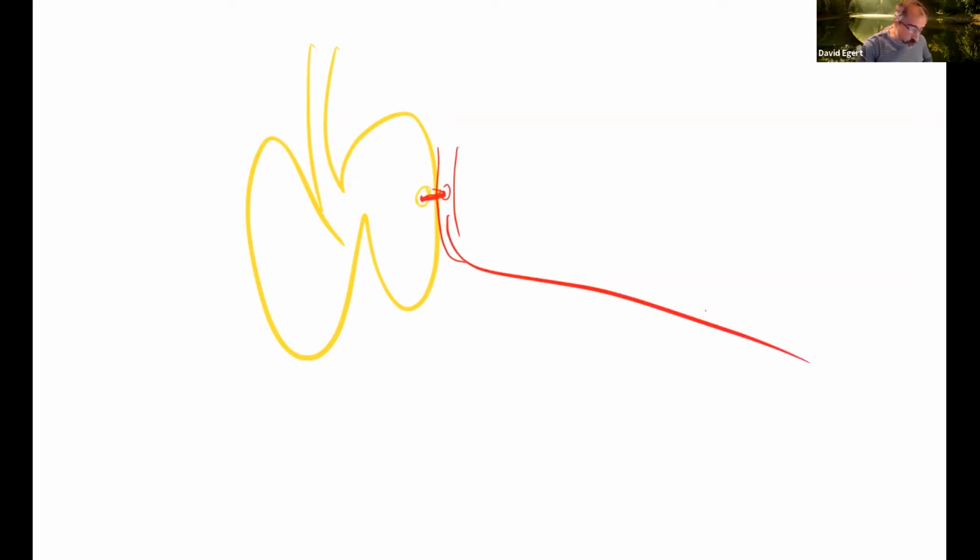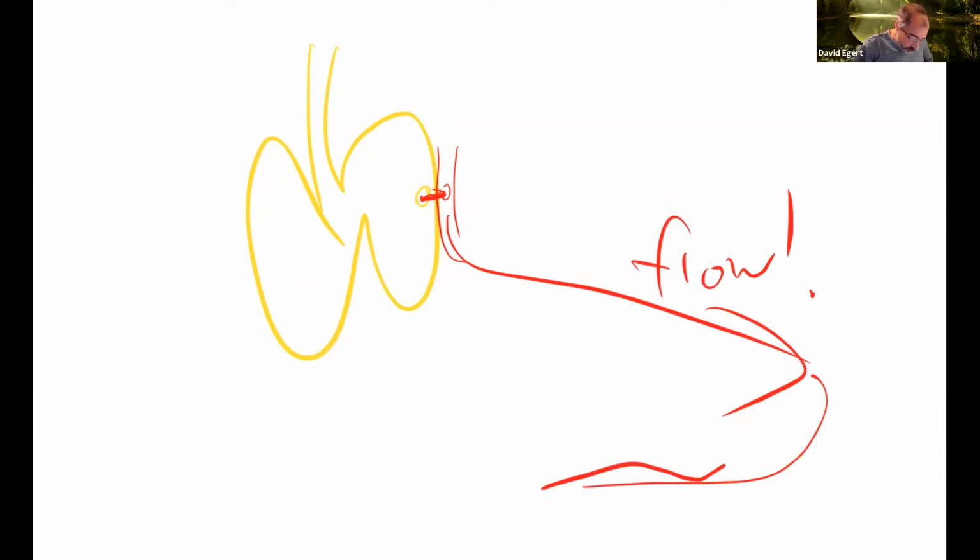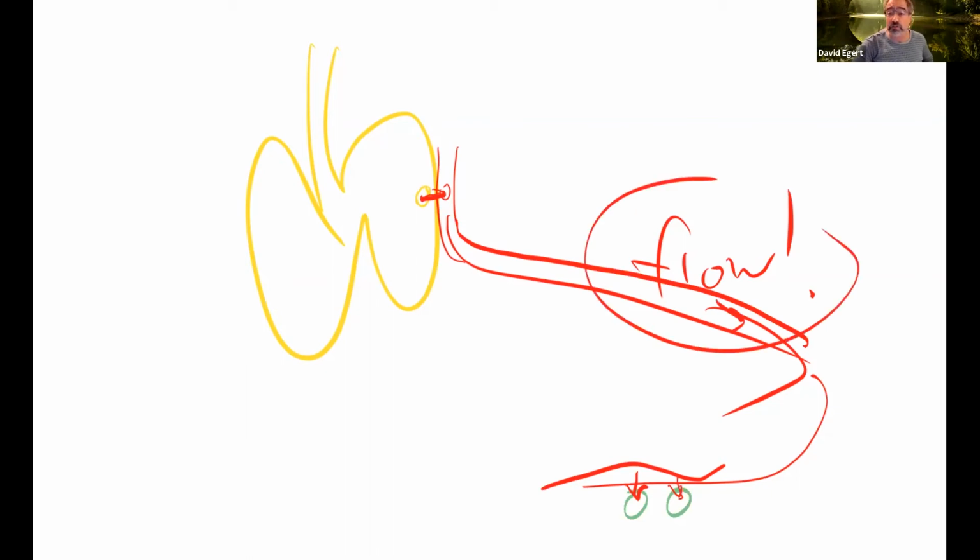And then whoosh, bloodstream, convection, flow. And then once we get to the destination, there's the cells where we're going to deliver the oxygen. Then again, a fraction of a millimeter of diffusion where the oxygen leaves the blood and goes into the tissue to the cells that it needs to service. But when you want to move something a far distance, you need flow. You don't use diffusion. Diffusion is only effective over a very short distance.